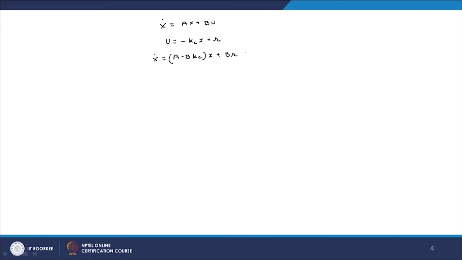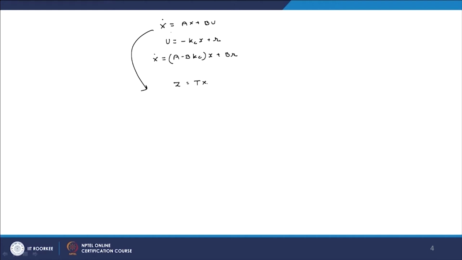What we want is for this given system matrix to be in controllable phase variable form. That means it has to go through some transformation. Let us say we use a transformation z equals Tx.